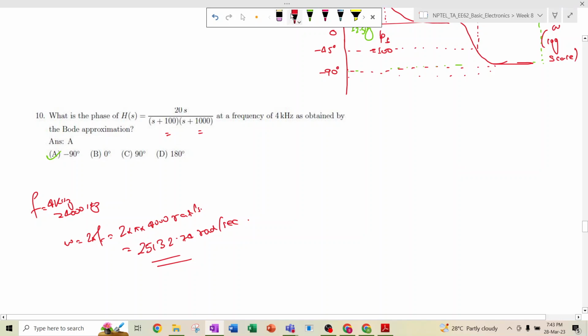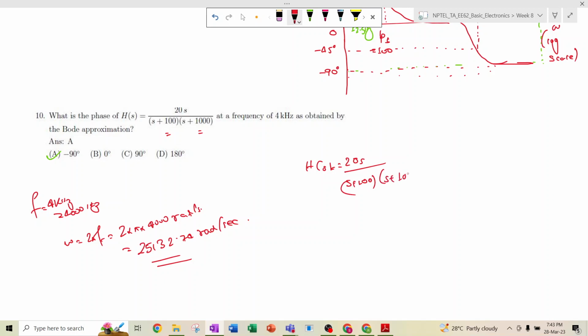But if we want to do the analysis using the transfer function, so H(s) equal to 20s divided by (s plus 100)(s plus 1000). Now at f equal to 4 kilohertz, omega is very high, that means s is very high, and s is very high compared to 100 or 1000. So we can ignore 100 and 1000 in this equation.